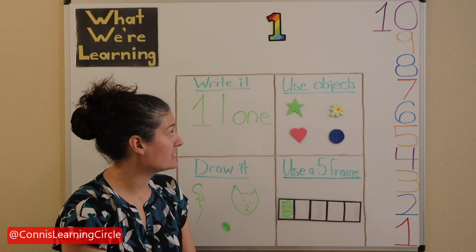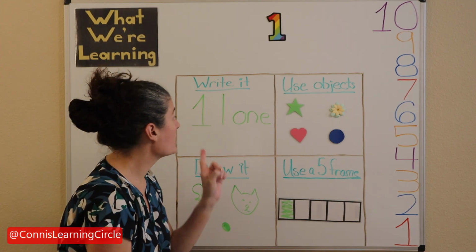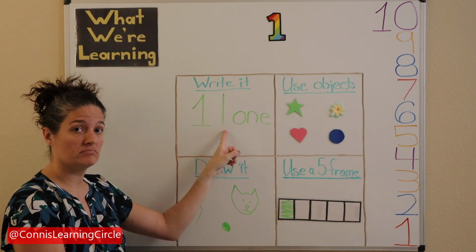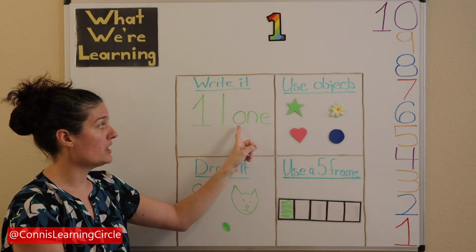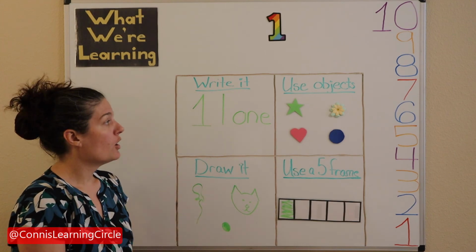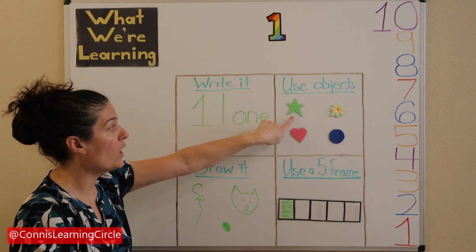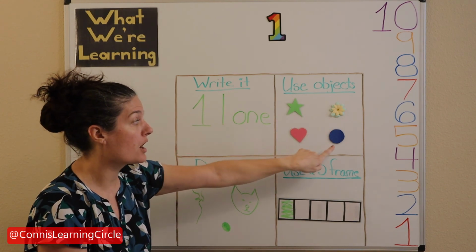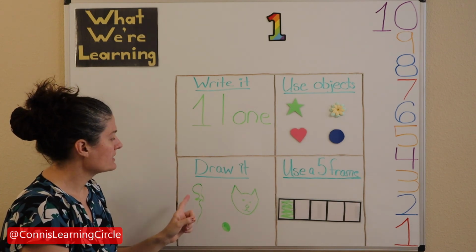All of these ways are different ways we can show the number 1. We can write it using the number 1, or we could spell it out using the word one, O-N-E, or we can use objects around us to show one of them, 1 star, 1 flower, 1 heart, 1 circle, or we can draw it.